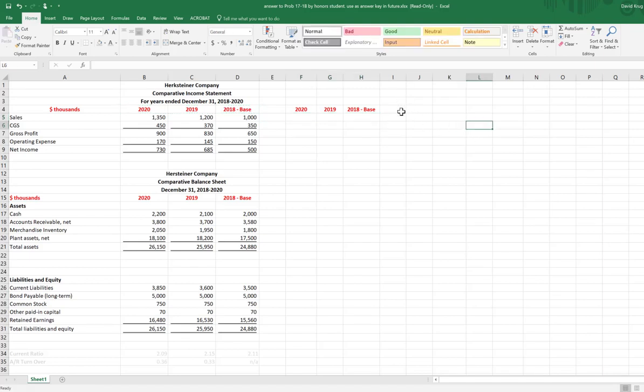Okay, now what we're going to do is, this will be a little bit of review, but with horizontal analysis I'm going to divide everything on this line by the base year. So 1,000 divided by 1,000 is 100%.